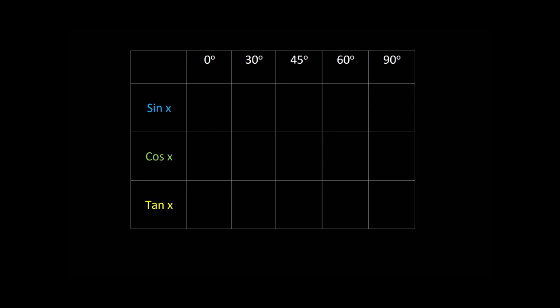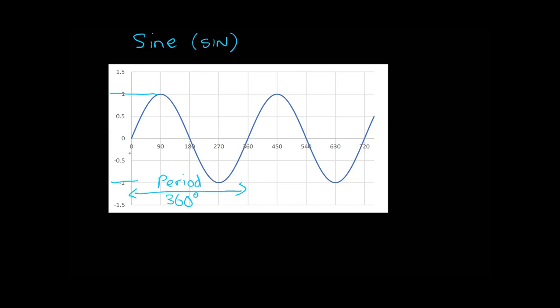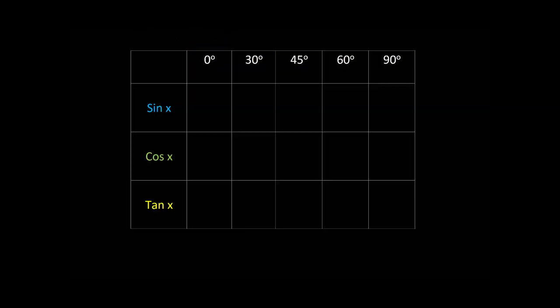So if we just quickly jump back to the sine graph, you can see that when it's 0 degrees here, then sine is 0. When it's 90 degrees here, sine is at its maximum and it's 1. So let's fill those ones in on the diagrams. When the angle is 0 degrees, sine is 0. And when the angle is 90, it's 1.